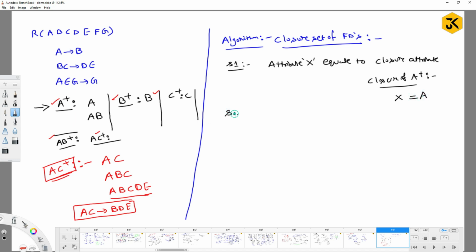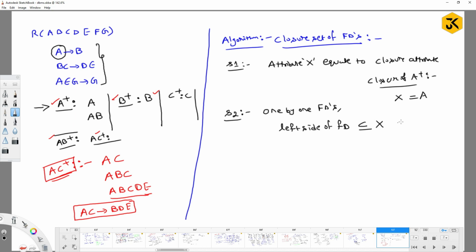Next, what about step 2? I take the FDs one by one, and I check whether the left side of the FD is a subset of X or not.